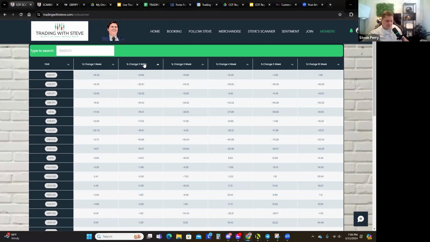Then if you go to the next column, you can filter these by the 2 week shift. What's the 2 week shift? Many people think it's how much the bank sold 2 weeks ago. That's actually not exactly what this is. That's partly true, but the 2 week shift is the collective change over 2 weeks. So it's the most recent week plus the change from the week before.